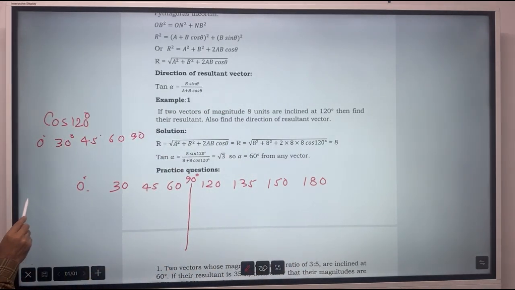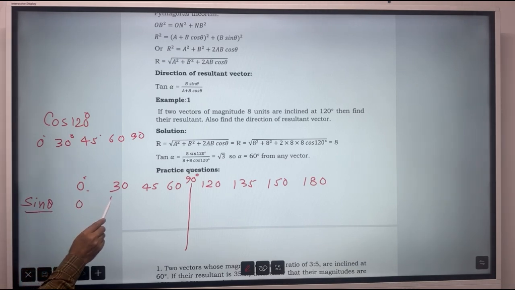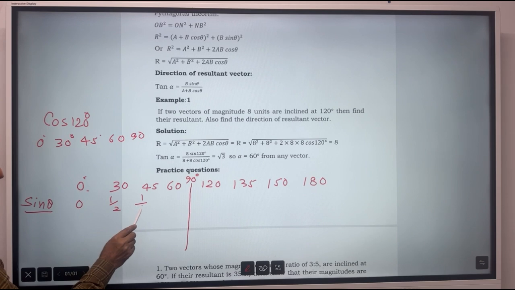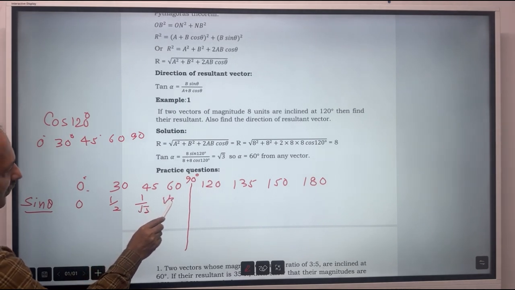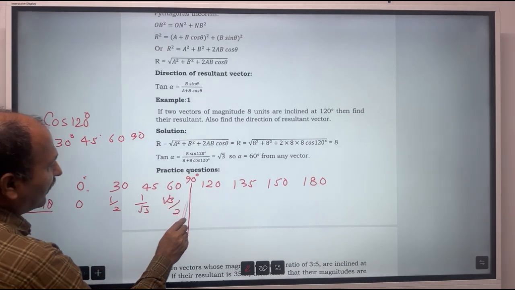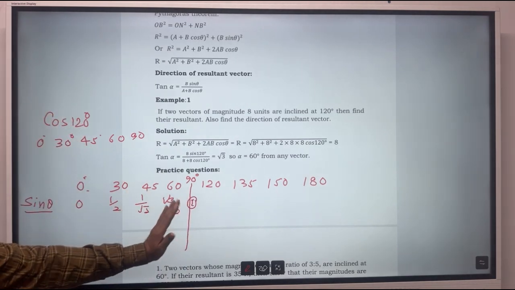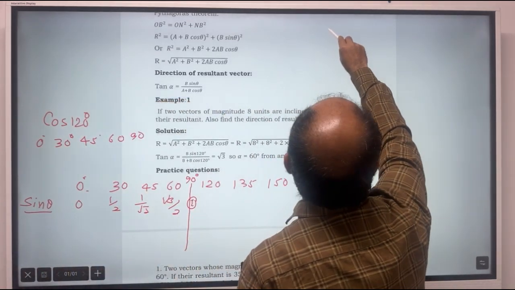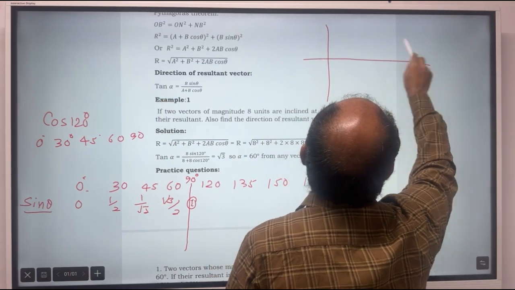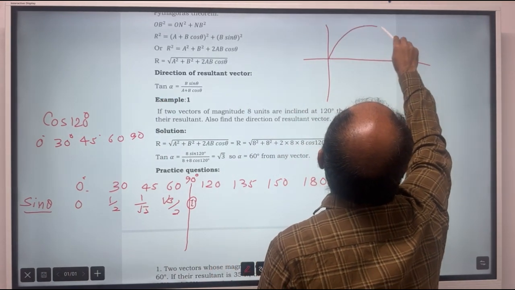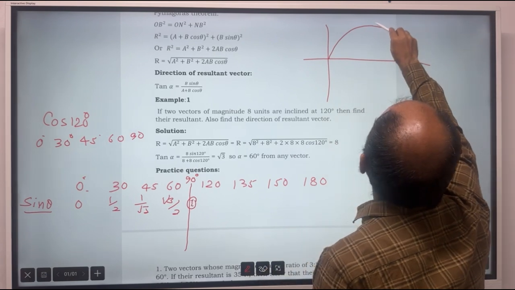Now, if you remember, when we write sine theta, we use 0, 1 by 2, 1 by root 2, root 3 by 2, and then for 90 it is 1. After that there is symmetry. If you remember, the graph of sine theta is like this.